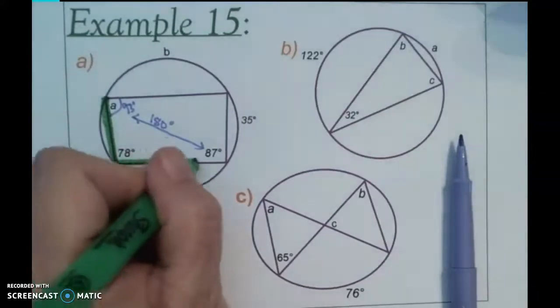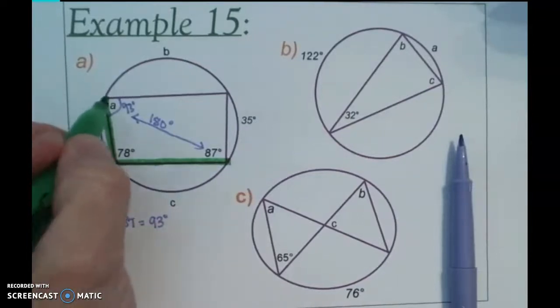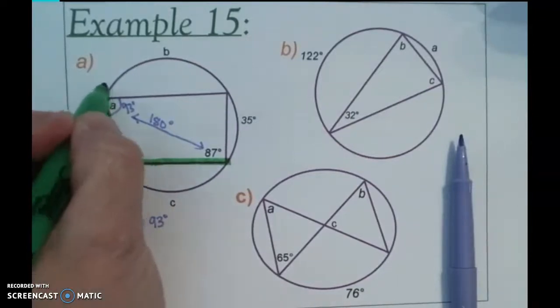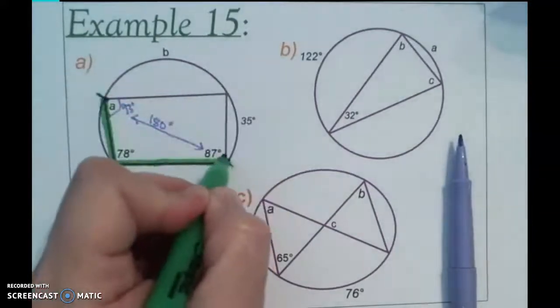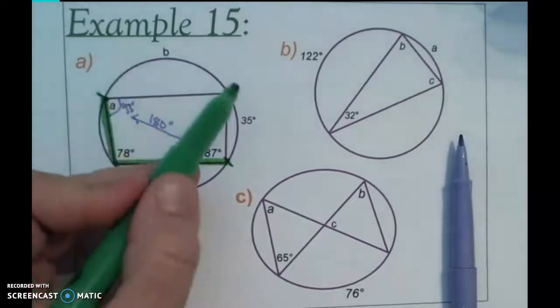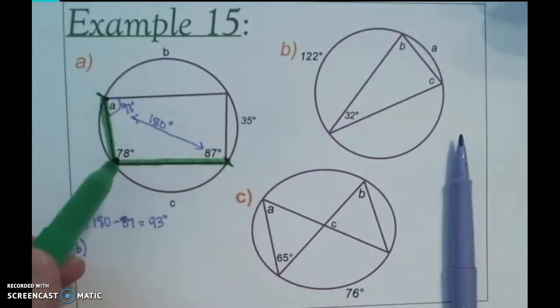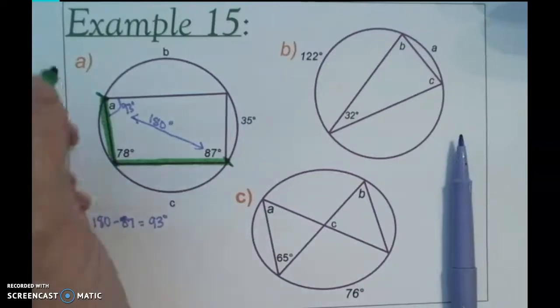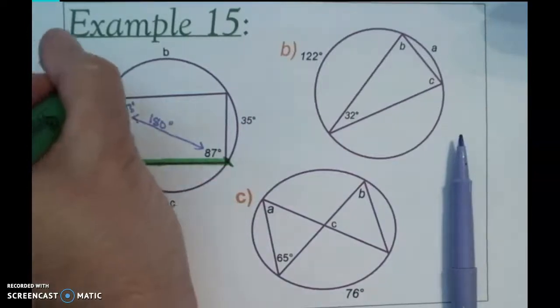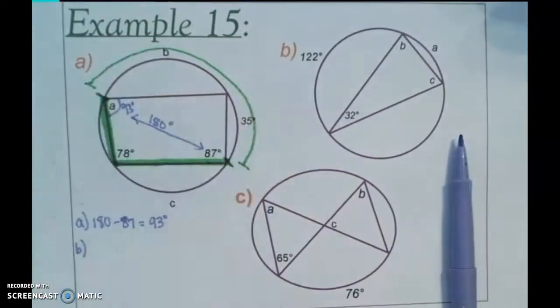But if I follow my angle of 78 degrees, my intercepting arc is from here all the way around to this point. Okay? So I can figure out this whole measure by doubling my angle, by multiplying by 2. So I'm going to draw the green to match the highlight all the way around to there.